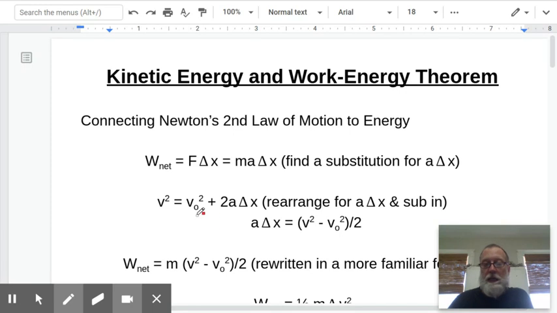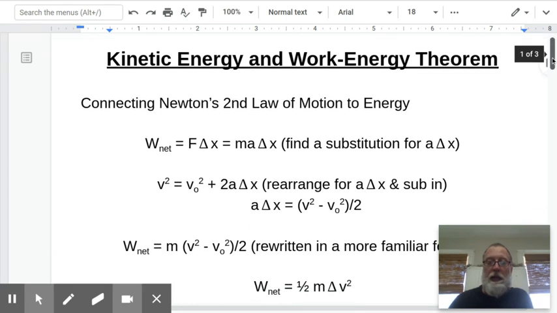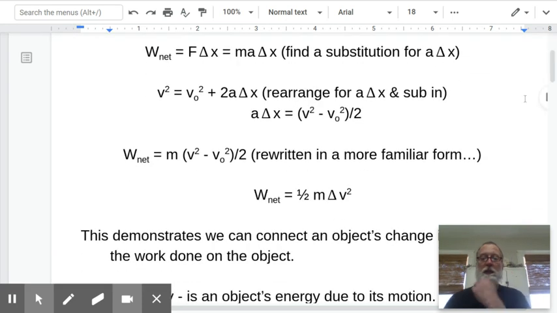Rearranging that, we subtract v0 squared from both sides, and then we divide both sides by 2. Now we have what we were looking for: acceleration times change in displacement equals v squared minus v0 squared, divided by 2. Now that we have that, we can substitute it back into the equation we were just talking about.